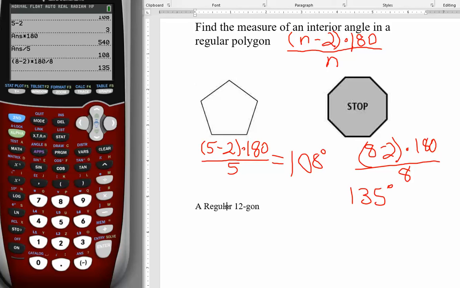And finally, I wanted to know this regular 12-gon. So let's do this. We're going to do 12 minus 2, because remember, the number that's in the name is just the number of sides, times 180 divided by 12.